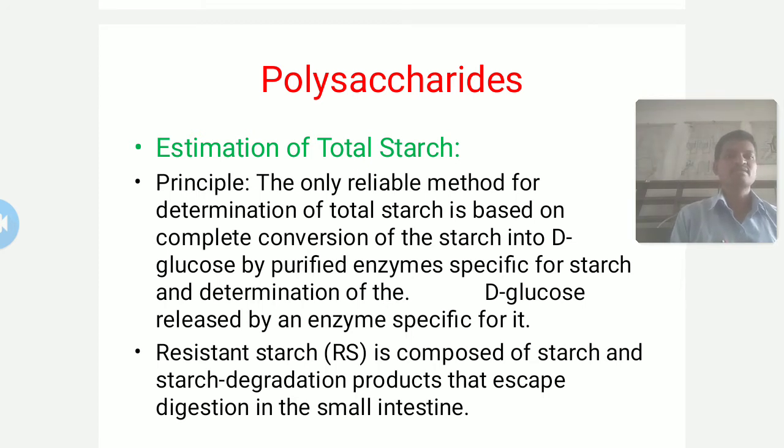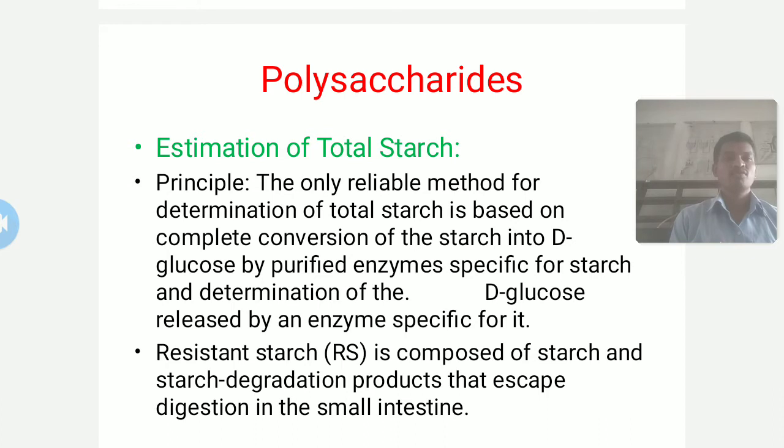One of the best digestible polysaccharides which we consume is starch. So we will limit our study to starch estimation or starch analysis. We have to discuss the estimation of total starch.